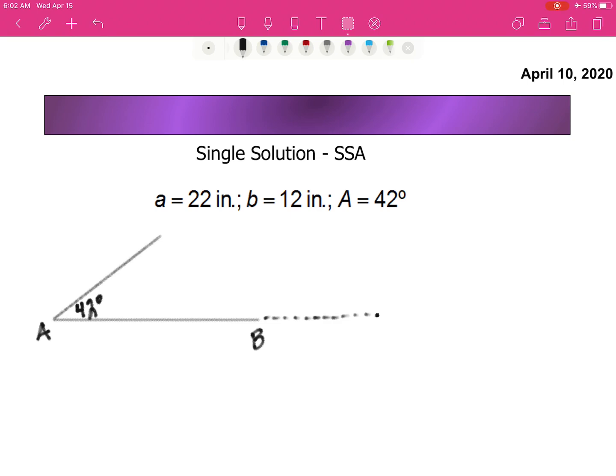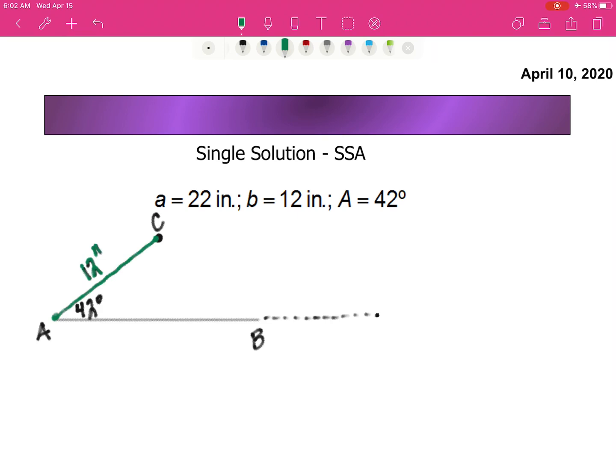So this is angle A, to the right is angle B, and this length is going to be a fixed length, and that is angle C up there. Across from angle B, I'm going to have 12 inches. So this length, A to C, now represents 12 inches.